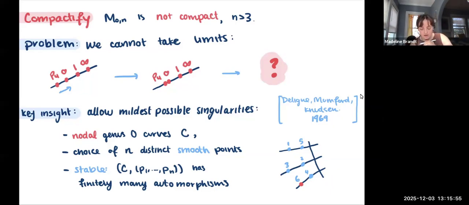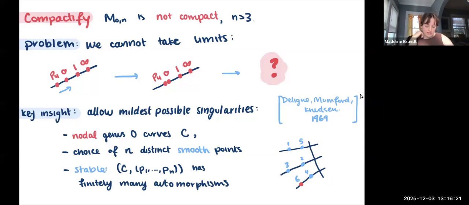So what gets added? Previously, P1, from the perspective of an algebraic geometer, is just a genus 0 curve. Now I'm going to allow nodal genus 0 curves. That's just allowing for the mildest possible singularities. It doesn't have a cusp or anything wacky. It's just nodes are allowed.